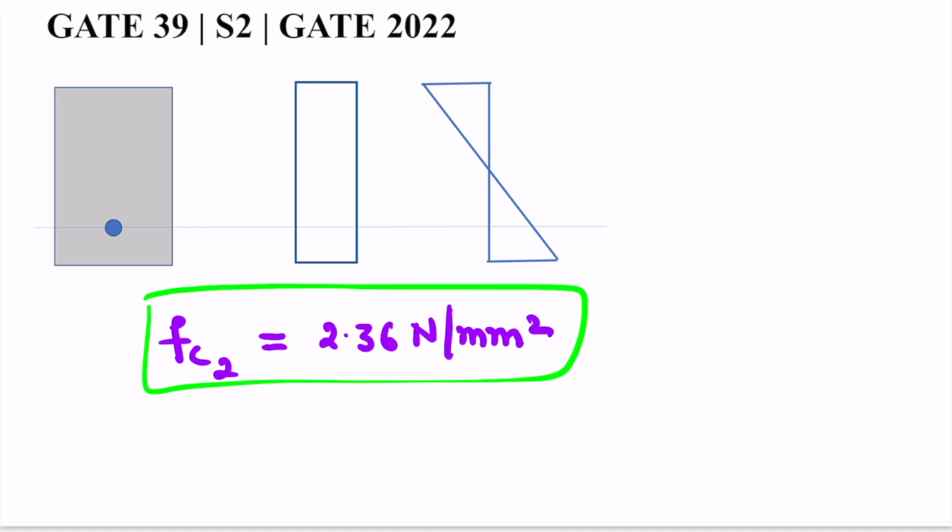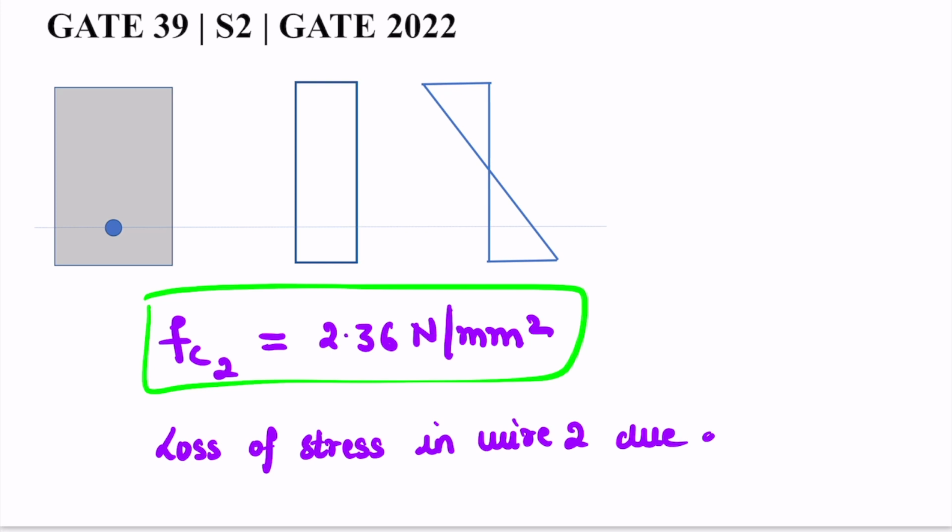Now we can calculate loss of stress in wire 2 due to elastic shortening, which is m into Fc.